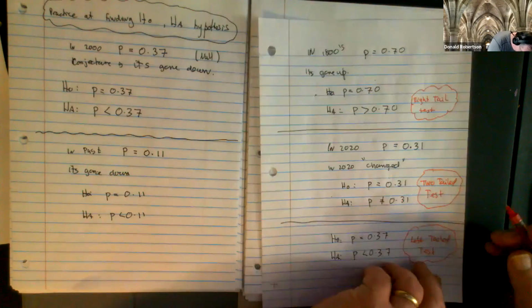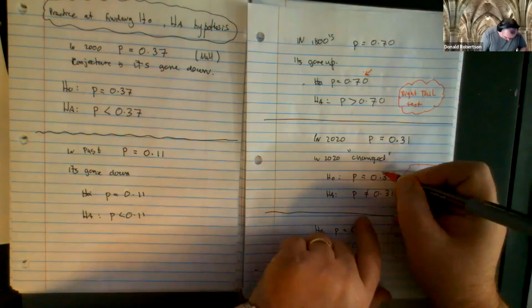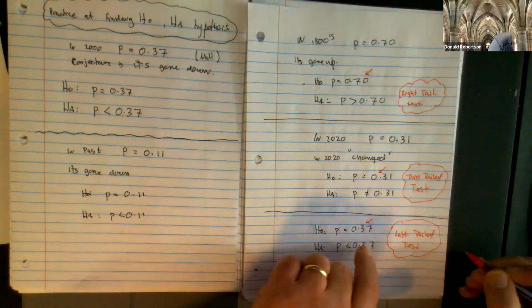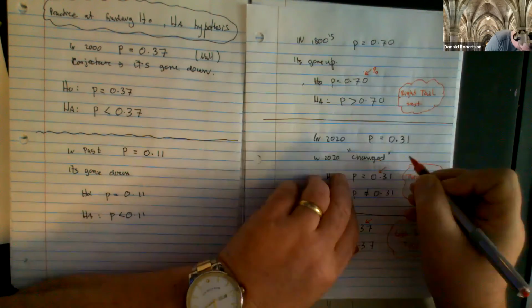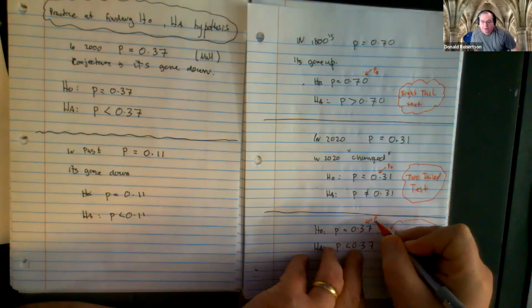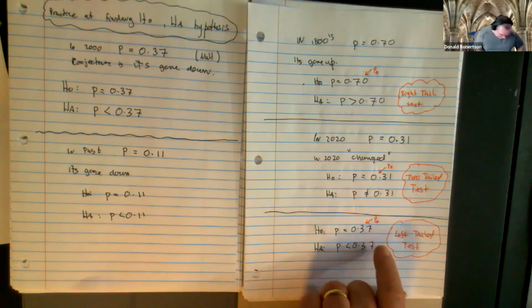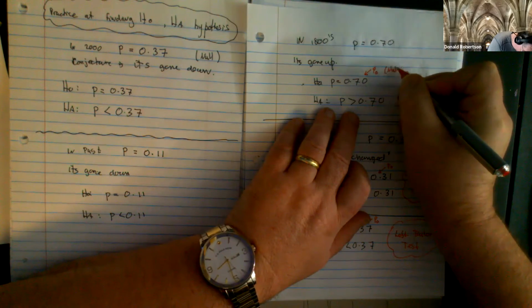This guy here, the 0.7, in this case the 0.31, and in this case the 0.37, this is called p naught. That is the symbol that we use for the number that goes here. It's also got a name. It's called the null value.